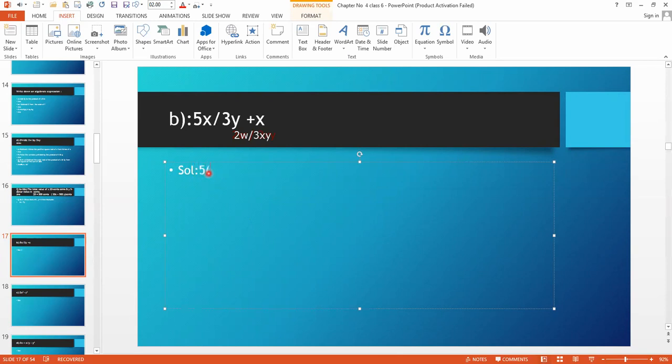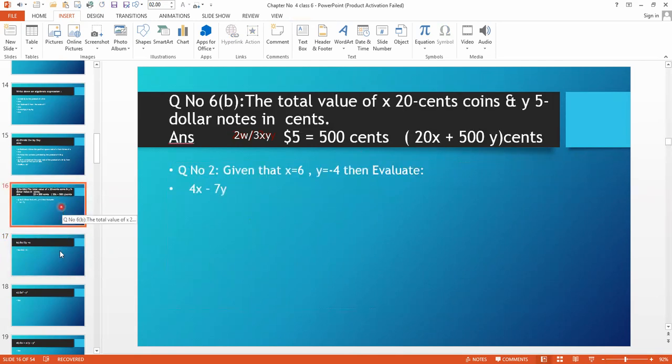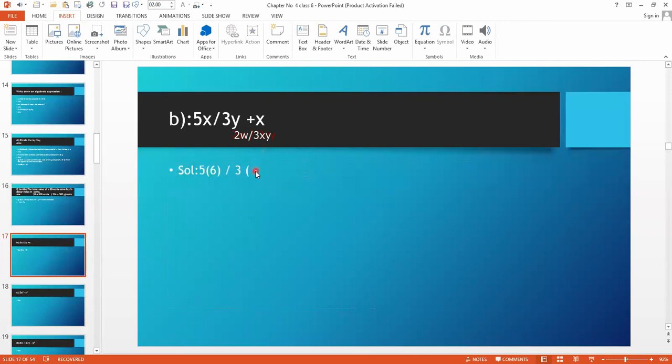It is equal to 6. So we have to close the bracket. And it is divided by 3. And the value of y, what is the value of y? Okay, we have to recheck. The value of y is minus 4. So here I have to write minus 4.